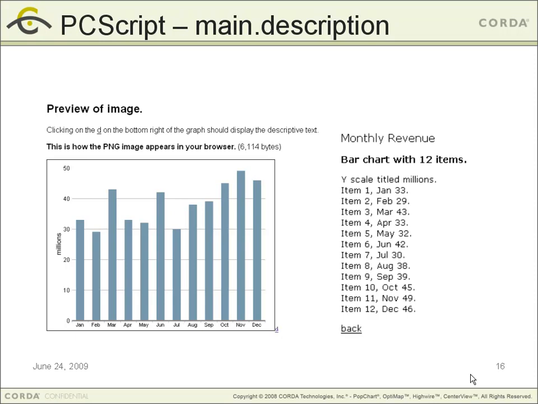That's the D-link, the descriptive link. If you click on that, you will get the text come up on the screen that is showing on the right side of this slide. And you'll notice that the title of that is monthly revenue, which is what we set in the previous command. So that is the description for this image.